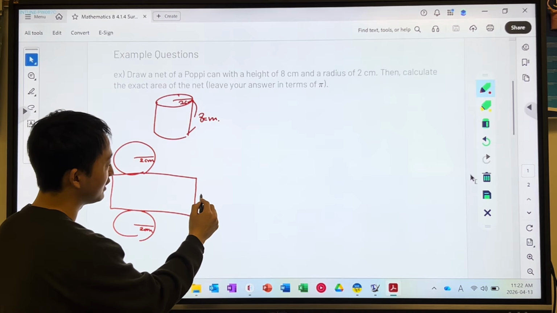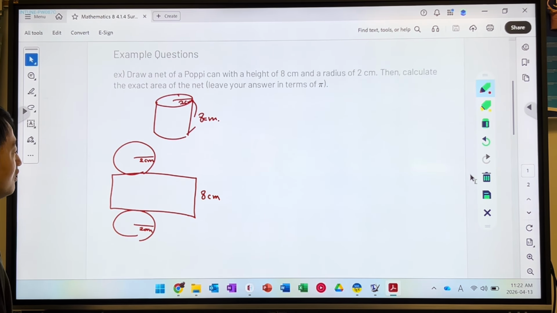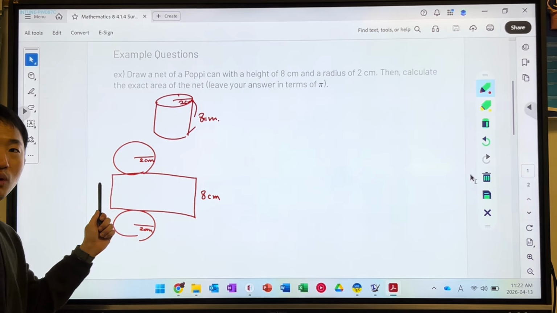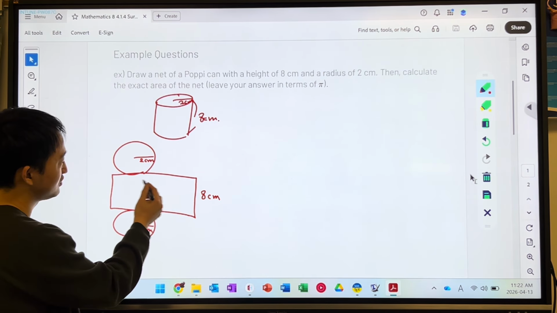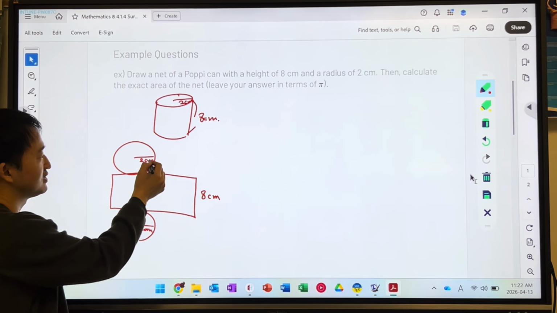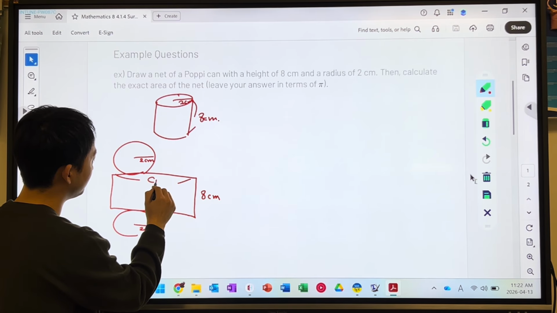We know the height is 8 centimeters, so the length of this rectangle is 8 centimeters. What do I know about the width of this rectangle? It turns out that the width of this rectangle is the same as the circumference of the circle.